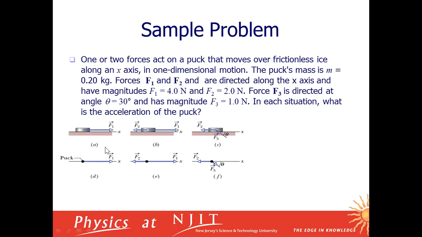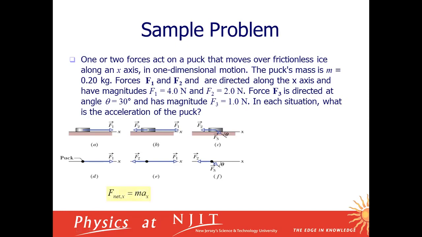Simplifying the diagram, the dot here is the puck. F1 is going to the right. Then F2 is going to the left for letter E. And for letter F, F2 is towards the left and F3 is acting at an angle towards the right.